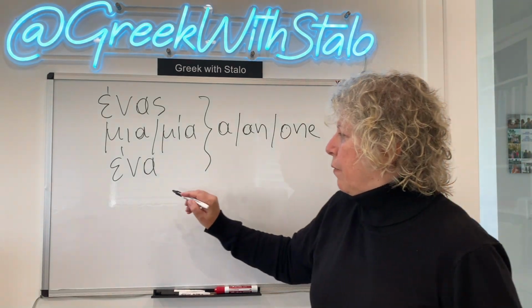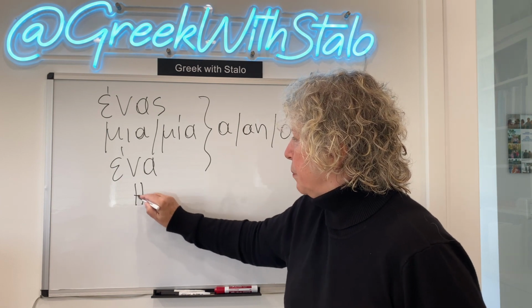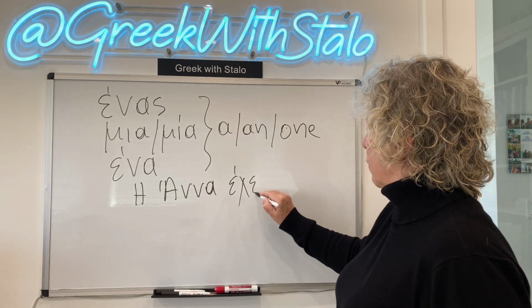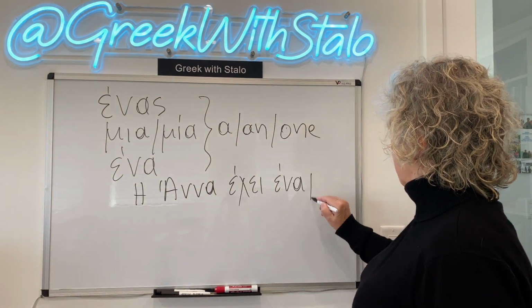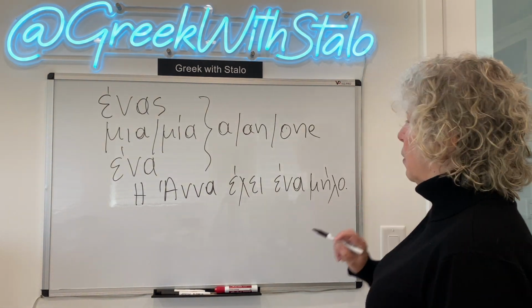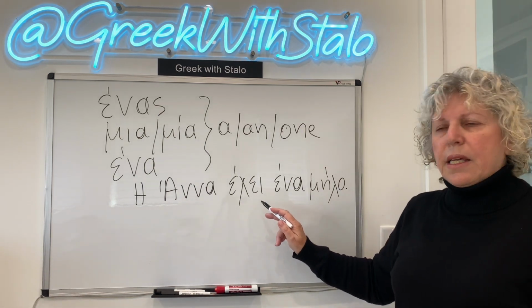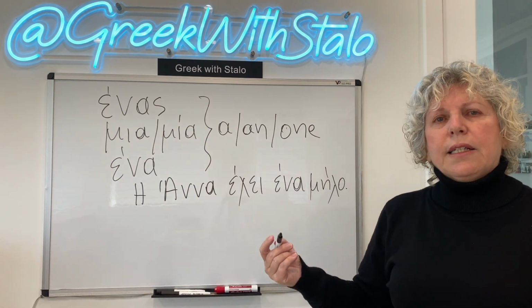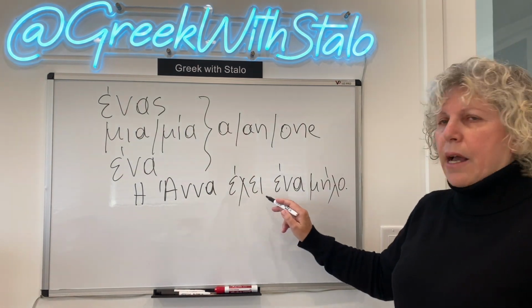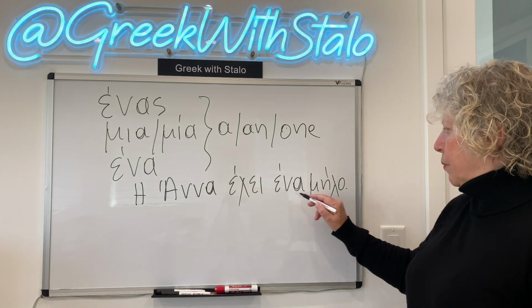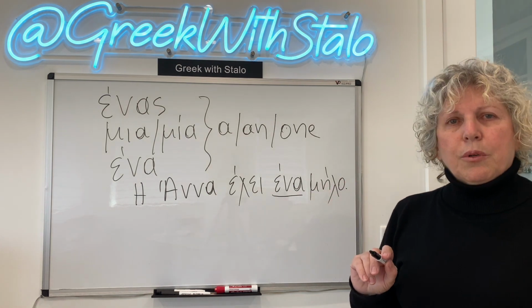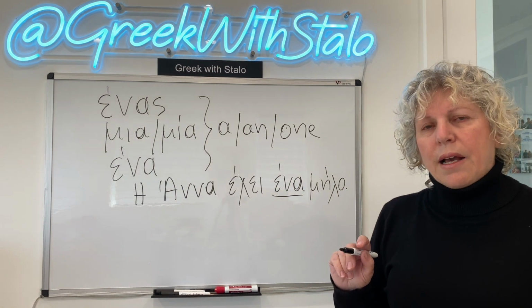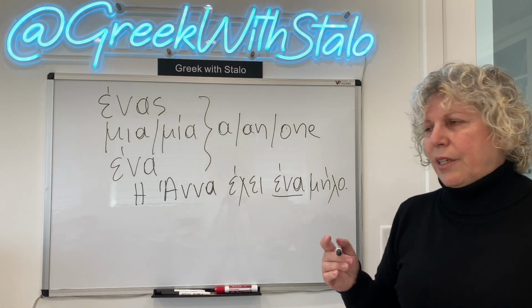And let me give you an example. Η Άννα έχει ένα μήλο, and we said that this can be translated as Anna has an apple, an apple, or if we emphasize the word ένα, then it's translated a little differently.